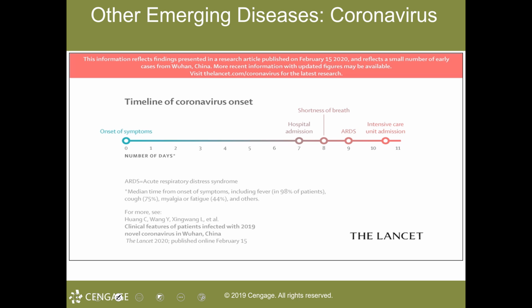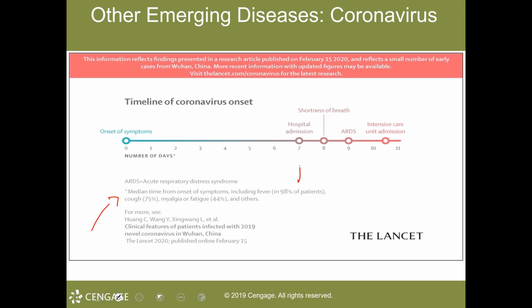So this gives you a timeline of the virus onset. And this class has an asterisk. Of course, this is in days, but that asterisk is the median time for onset of symptoms, including fever in approximately 98% of patients, a cough in 75%, fatigue in 44%, and others.